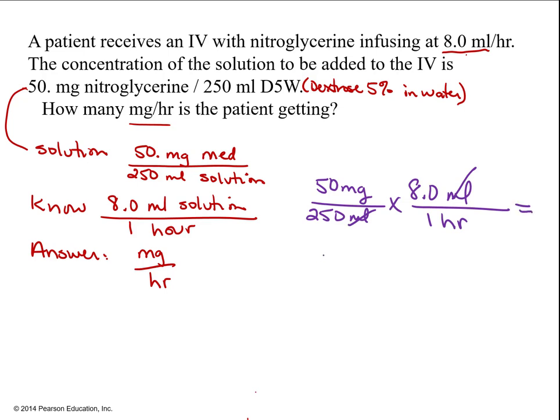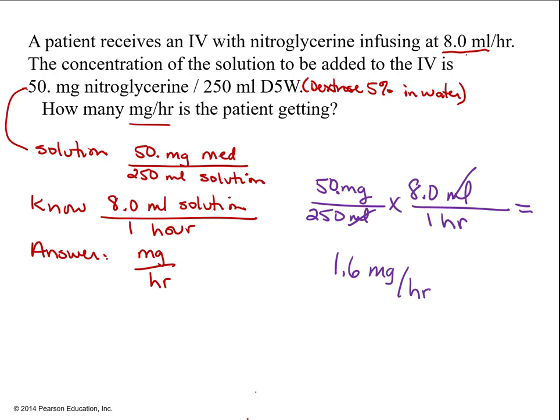You've got to have a decimal behind the 0, because it's exact. It's like an exact 50 rather than being a random number. So I ended up with 1.6 milligrams per hour. So that's how much nitroglycerin you're giving that patient per hour.